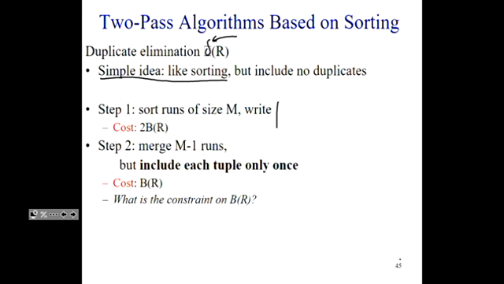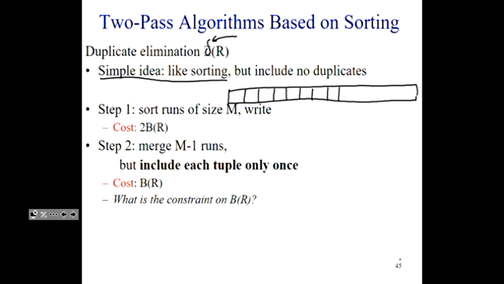So let's say you have, or maybe I'll try it differently. Let's say this is your data on disk, and these are the blocks that your relation is present in. And let's say my m, which is the number of blocks that I can hold in memory at a time, is 4.